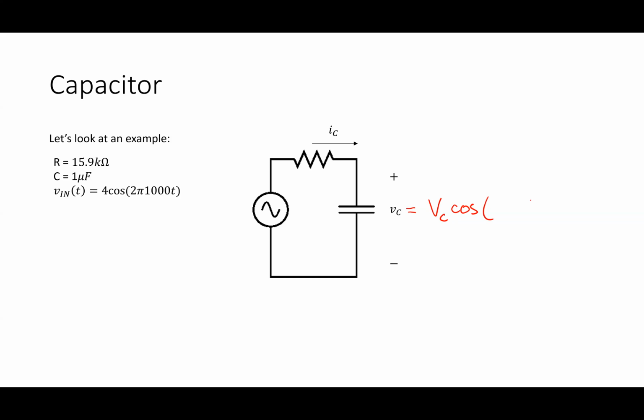And what's omega going to be if this is my Vn? 2 pi 1000 t, plus the angle of VC, whatever that is. I'm going to call it angle VC. So let's say this has a phasor with magnitude V sub C and angle V sub C.